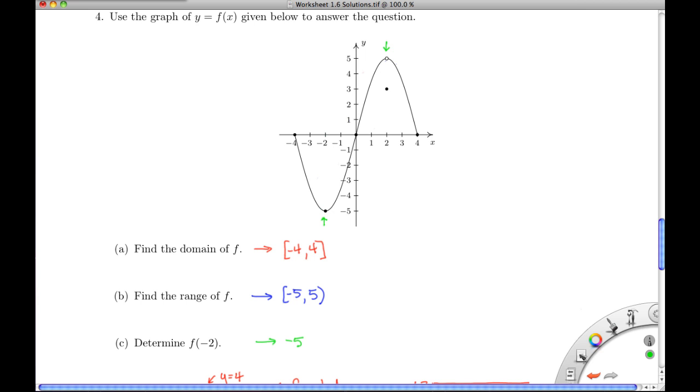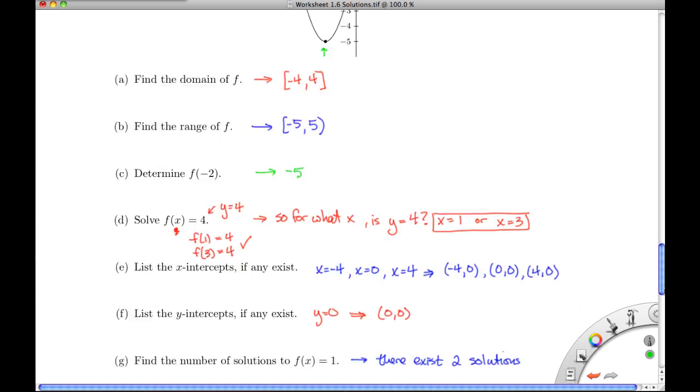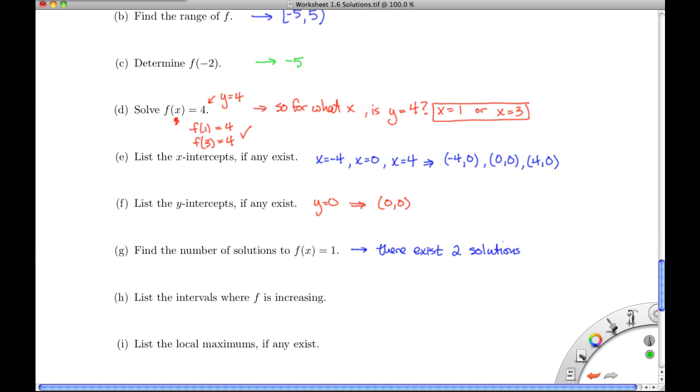So on this interval, from -2 all the way up to +2, our function is increasing over this entire little area. So we would say that it's increasing from -2 to +2.